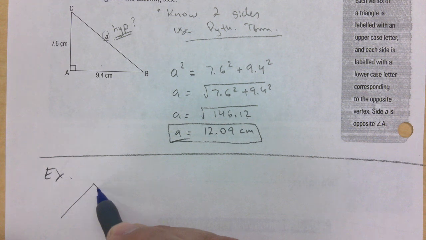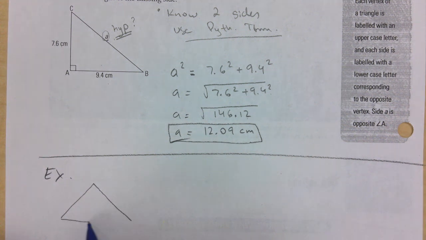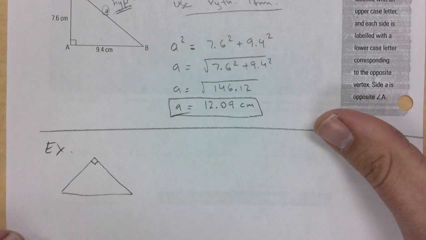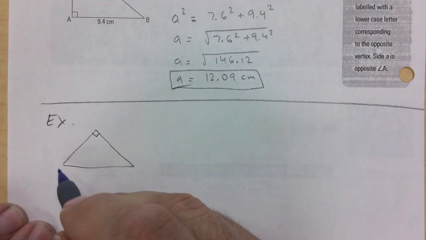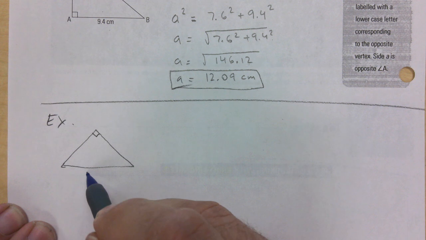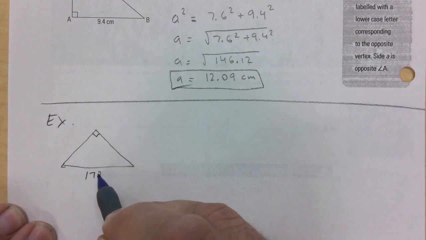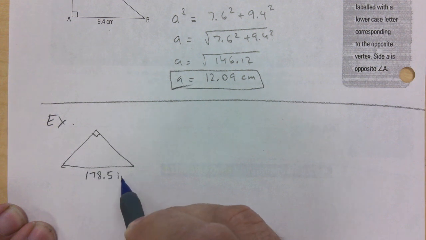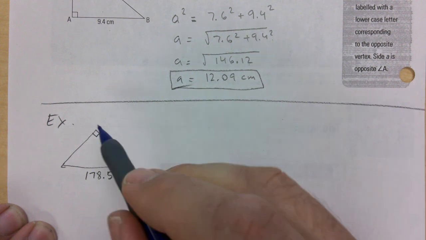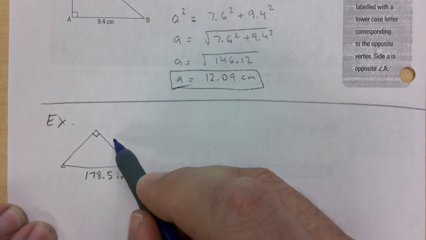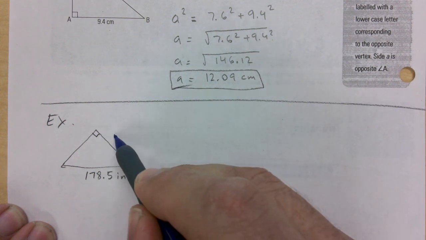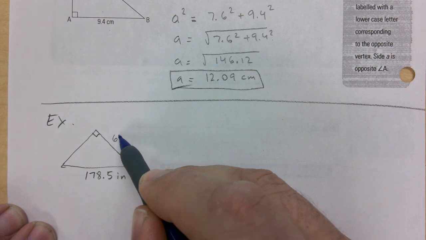We're going to have the 90 up here. Okay. And we're going to call this 178.5 inches. We're going to call this 63.8 inches.